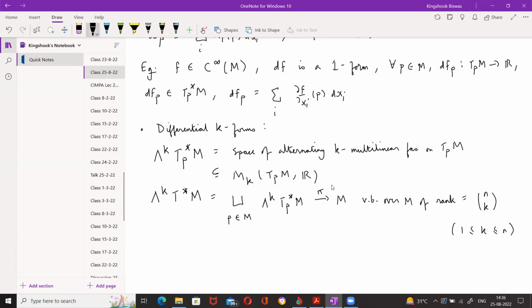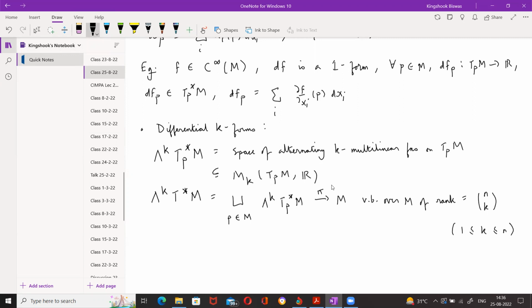All right. So again, if I have a chart, well, first, what is a section? It means that at each point I will have an alternating k-multilinear function on the tangent space.